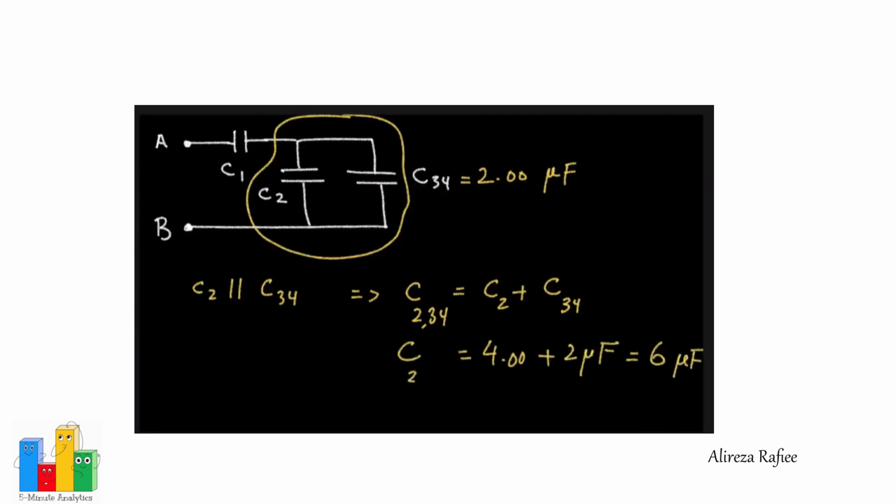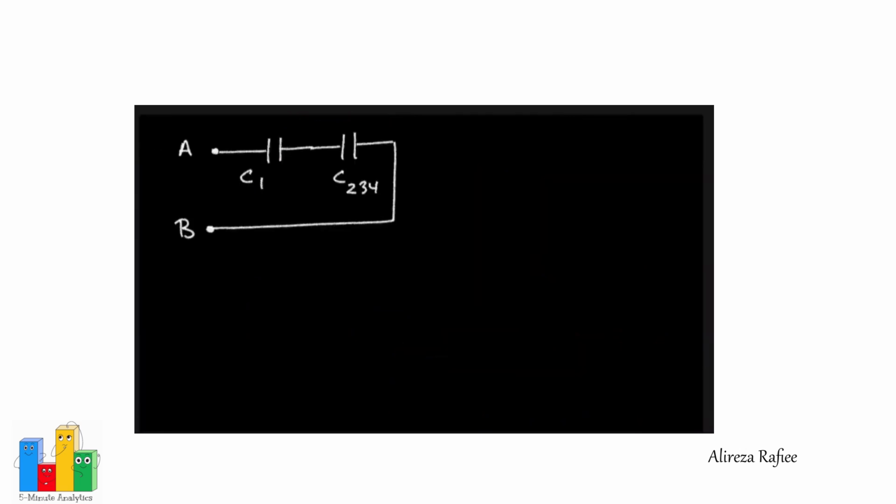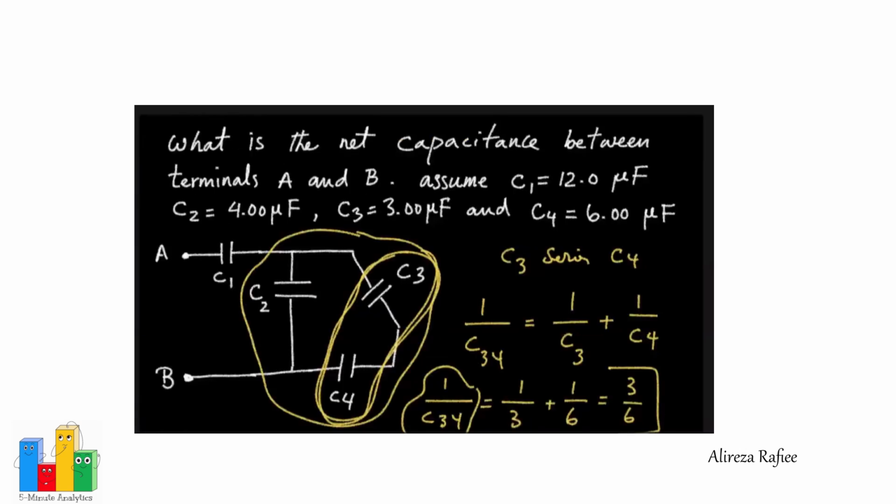Now notice that here I just add them together. Okay, so that means I can take these two, C2 and C34, and replace it with a new capacitor with 6 microfarad. Okay, that gives me this shape where the C234 would be 6 microfarad. C1 is 12 microfarad.